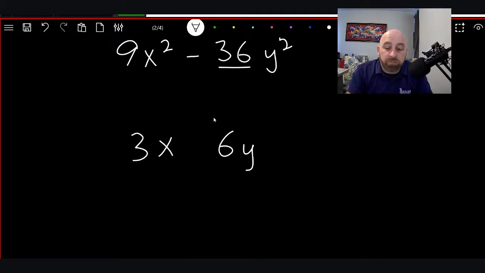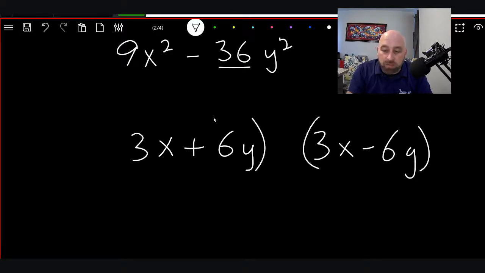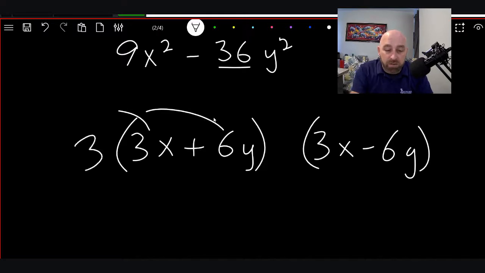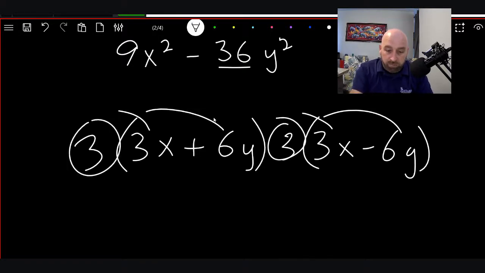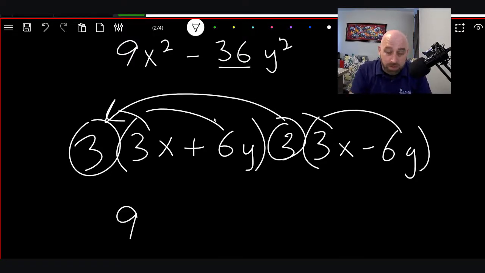Okay? But if I make my conjugate one plus and one minus, I have a problem still. What's my problem? My problem is that I can still take out common factors from this, can't I? From both of them. I can take out a common 3 here, and I can take out a common 3 here. Now look what happens if I do. I took a 3 out. I actually have to multiply that 3 together because they both came outside. So there's my 9. That's where my 9 comes from.